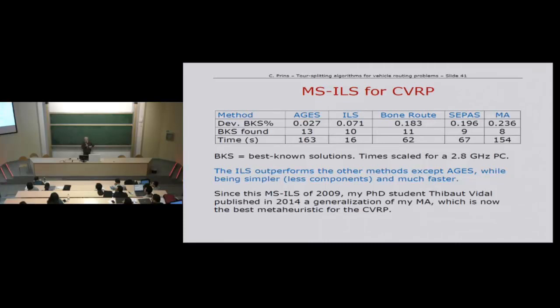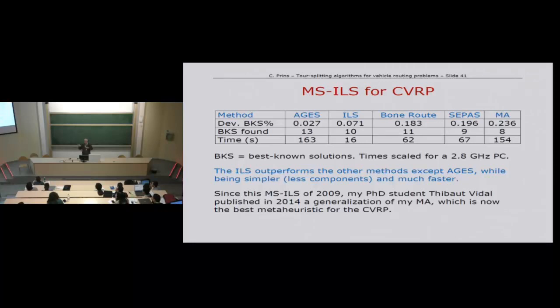Mester and Bräysy load the instance, they do a lot of statistics on the instances to identify clusters and so on, and they run some heuristics to tune the parameters before launching the remainder of their heuristics. So it's very complicated. I think they have 13 parameters and a lot of components, while as you saw, the ILS is very simple.